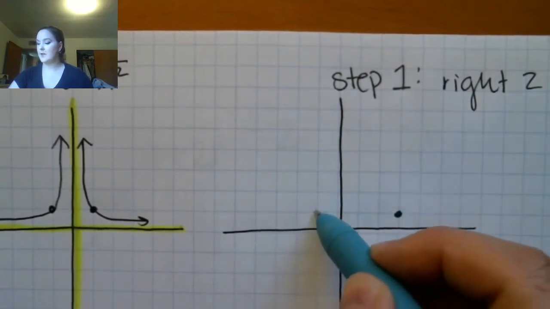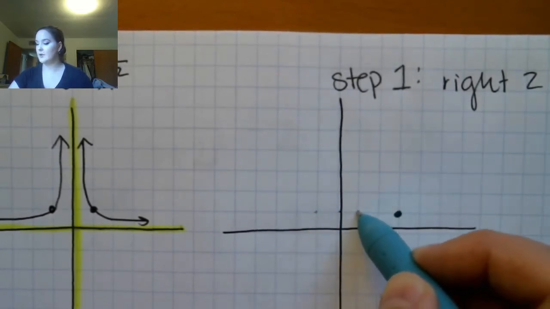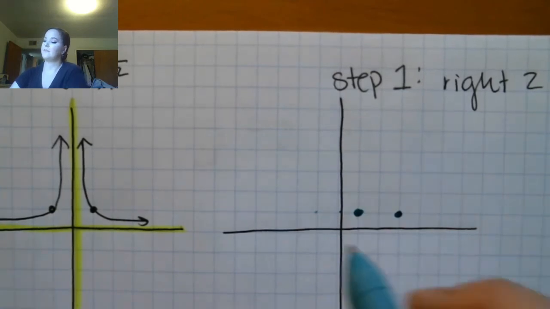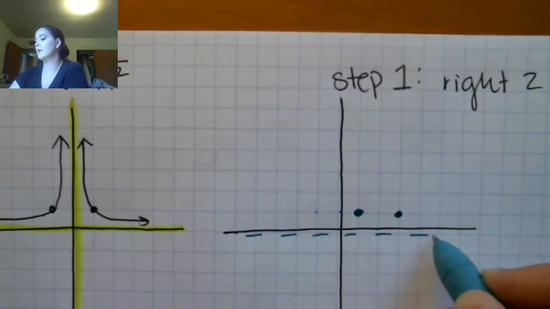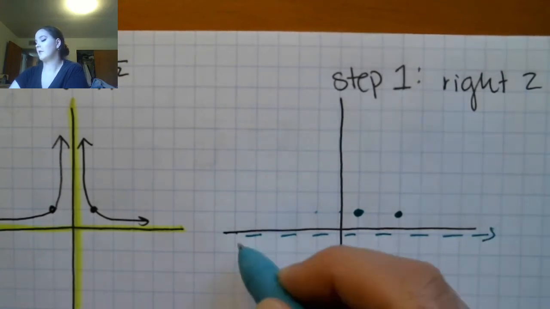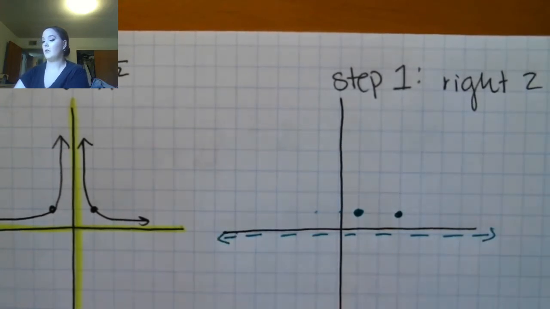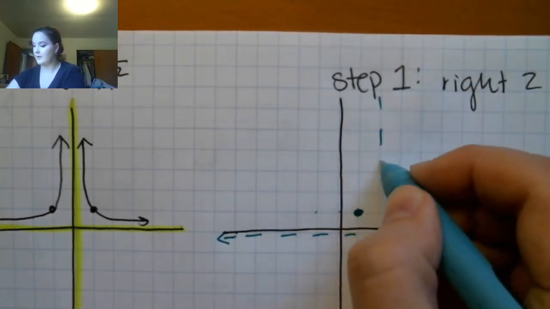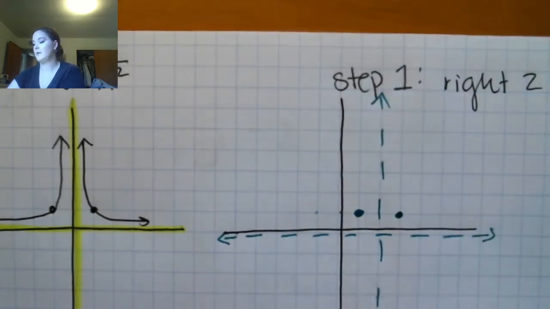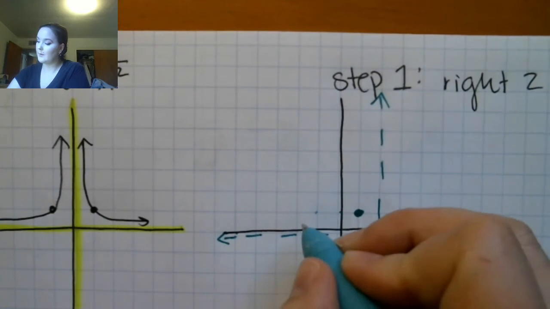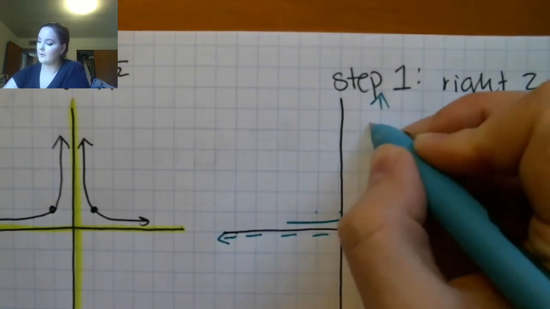I'm going to take this key point and shift it right 2, 1, 2. When you shift the horizontal line, it doesn't look any different. Now when you shift the vertical line from here right 2, it goes 1, 2, and now it's here. And then I'm going to draw in my shape.